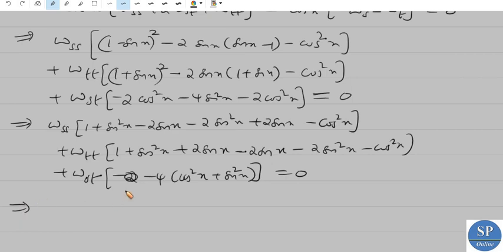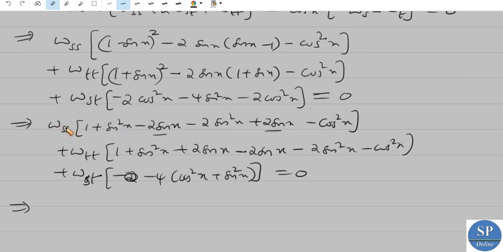So that implies this is minus 4 w_st. Here is 1, minus 2 sin x plus 2 sin x cancelled, and minus sin square minus minus 2 sin square, so minus sin square minus cos square, so minus 1 plus 1 is 0.